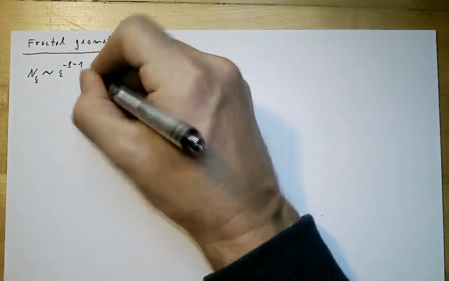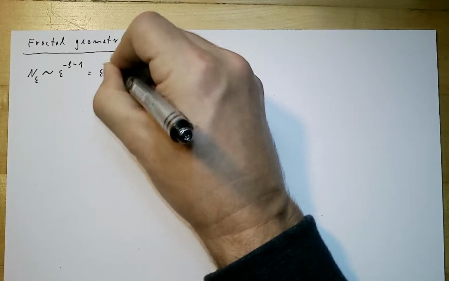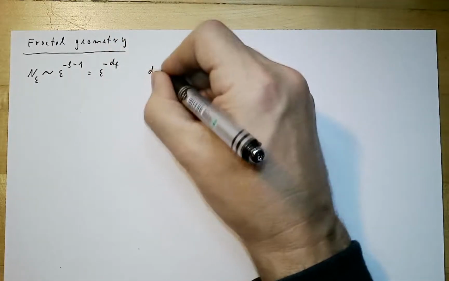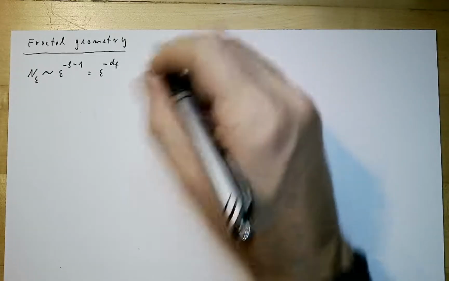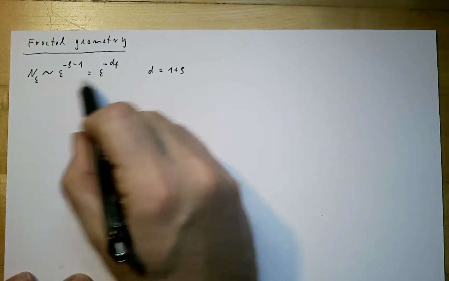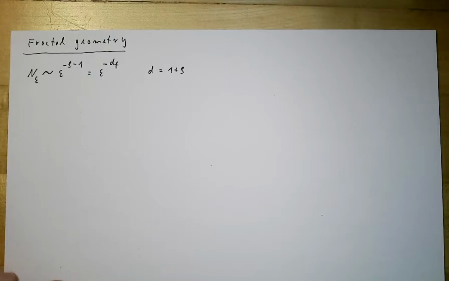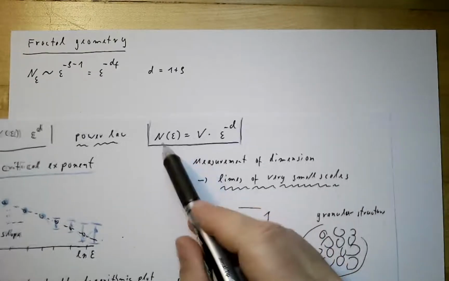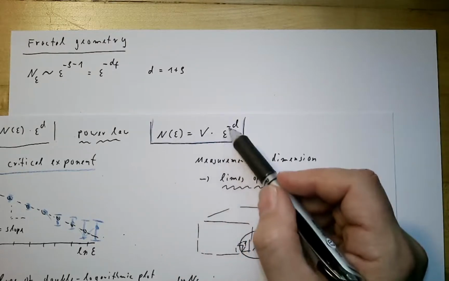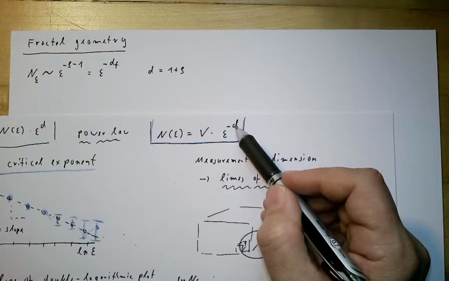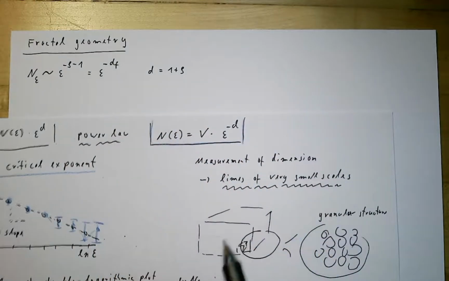Or we can say it's epsilon to the minus our dimension, and this dimension equals 1 plus the Richardson exponent. Why can we call this a dimension? Because we said if the number of objects to measure something goes proportional to epsilon to the minus an exponent, then this exponent is the dimension.